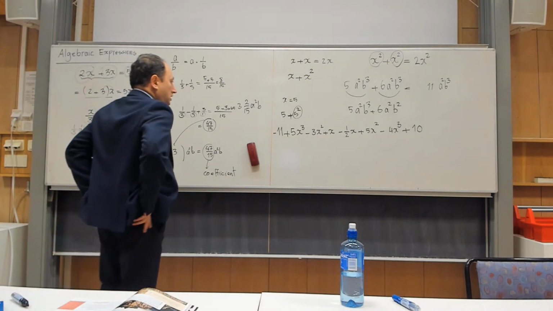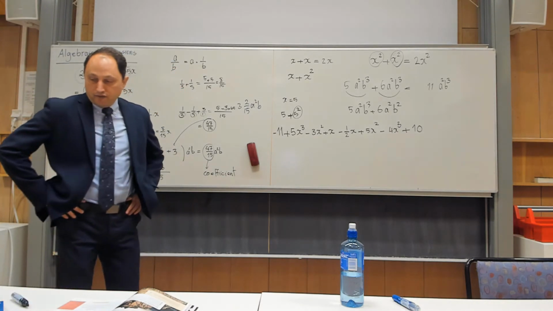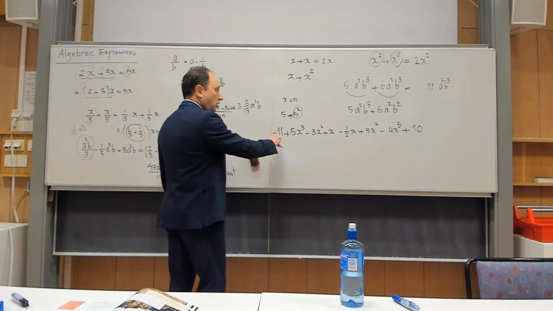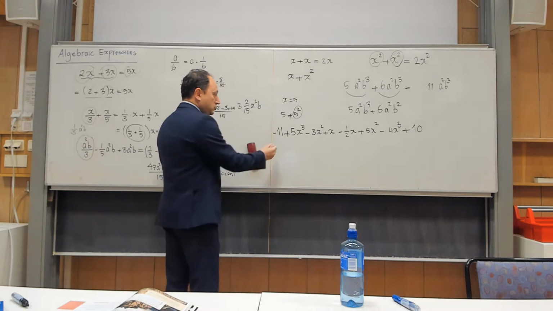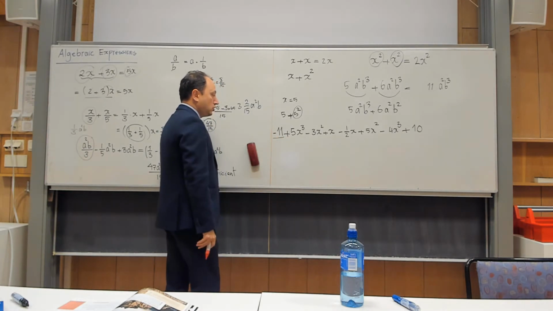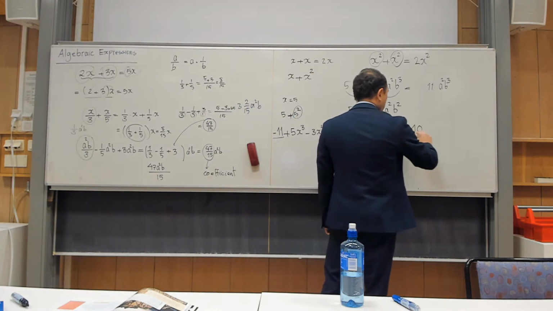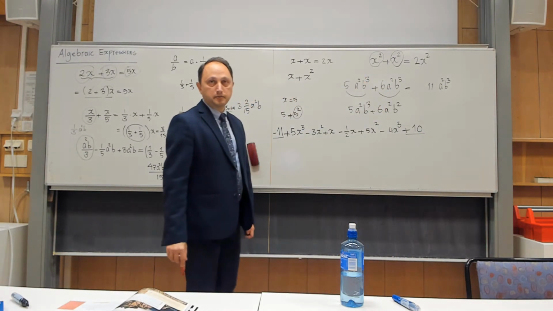Okay, so here, what should I do? The first thing that you need to do is to recognize which are similar together. So minus 11, there is no letter involved in minus 11. There is no letter involved in positive 10. So they are similar.